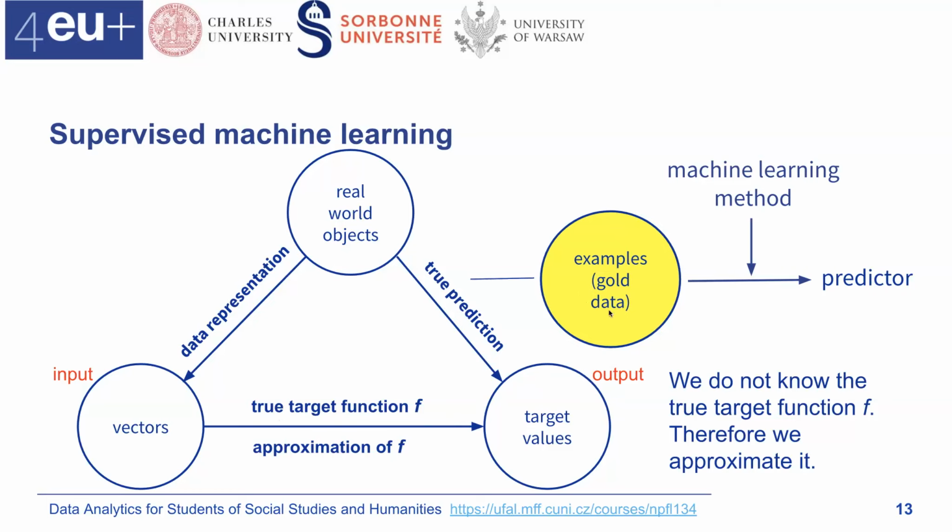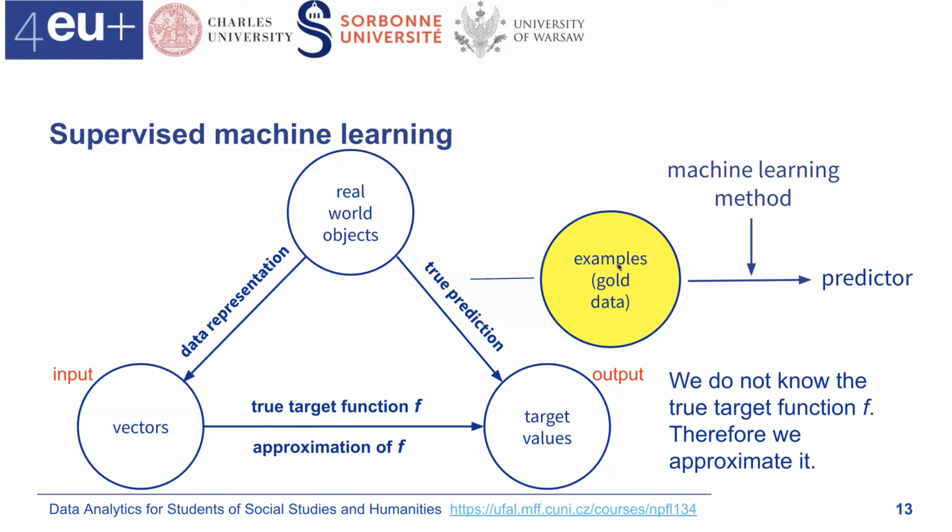Here is the clear visualization of gold data, of examples that are crucial for supervised machine learning. Based on this gold data and machine learning methods, we get a computer program. We call it a predictor or classifier that performs a given task. In other words, the main objective of machine learning is to build models by interpreting data.